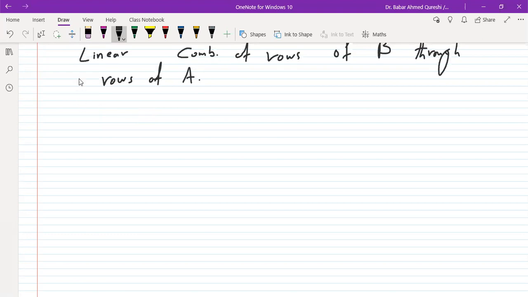Sir, could you please repeat the last sentence you said? The last sentence is making linear combinations of the rows of second with the components in the rows of the first.